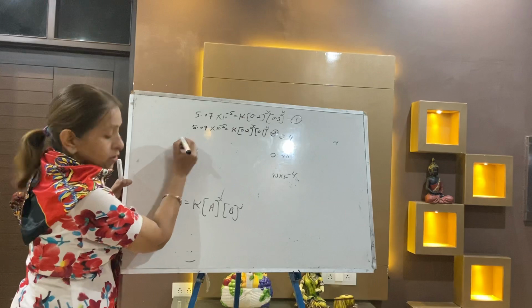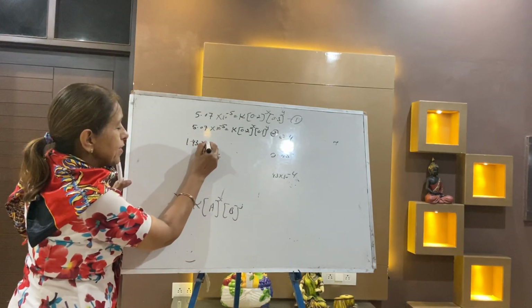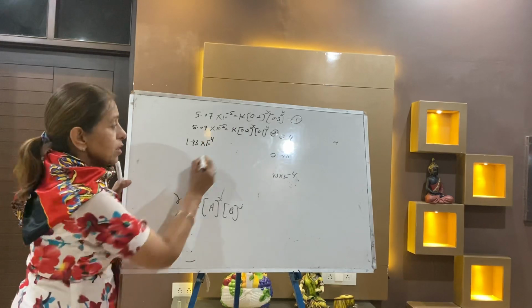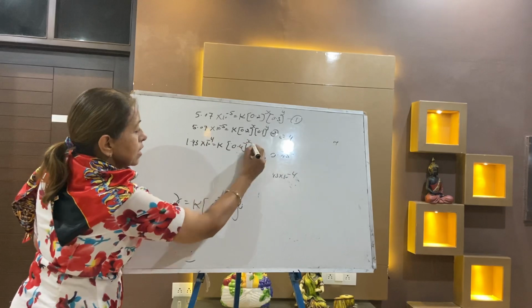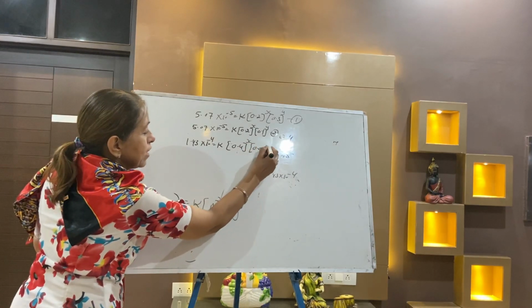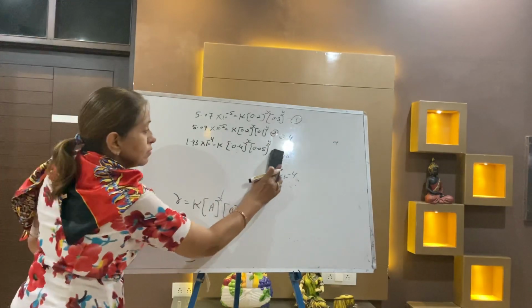The third rate is 1.43 into 10 raised to power minus 4 is equal to K, 0.4 power X and 0.05 power Y. Make it equation number 3.